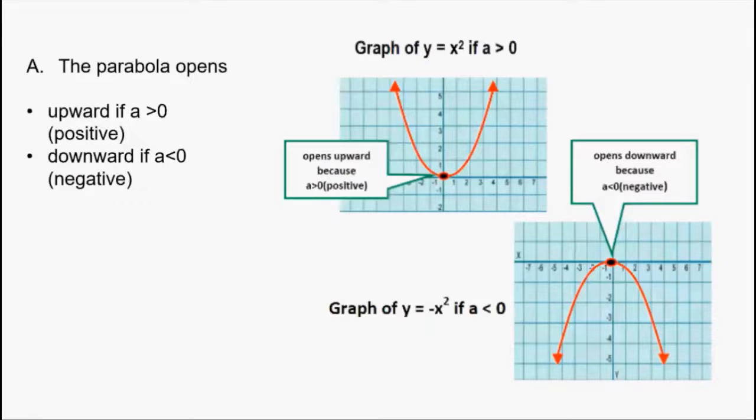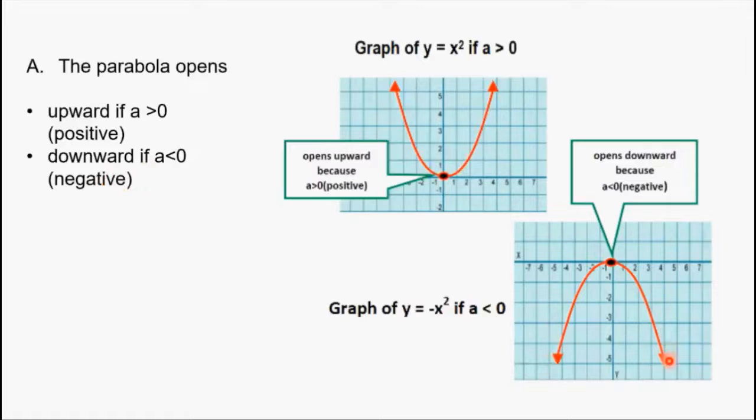So the parabola opens upward if a is positive. Kaya in this example, we have y is equal to x squared na upward ang direction ng opening. And downward naman if a is negative.